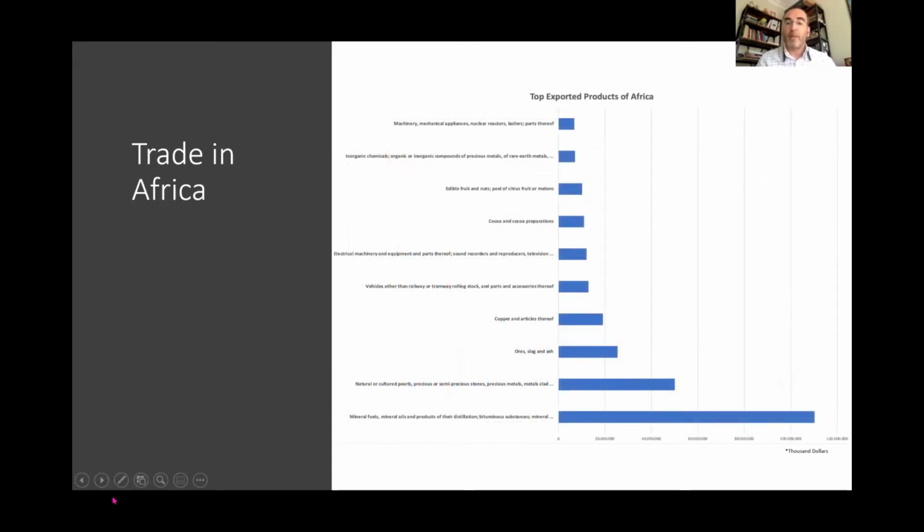And if we talk about which sectors African countries are already strong in, not in a few years, but for a long time, the Africa region is strong regarding petroleum products and minerals and cotton and fish and coffee, tea and spice products and agriculture products and some apparel products.